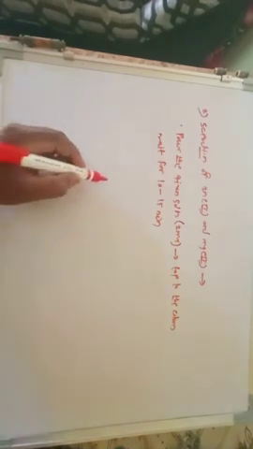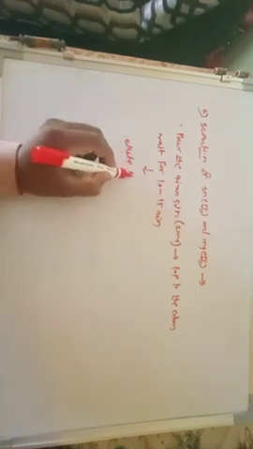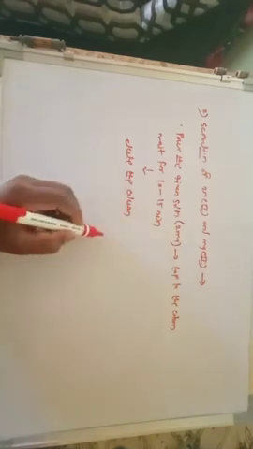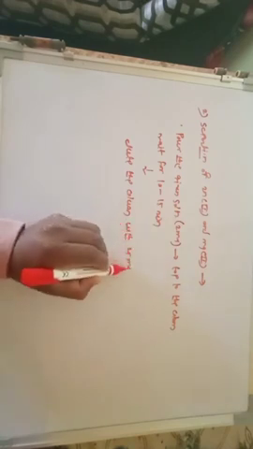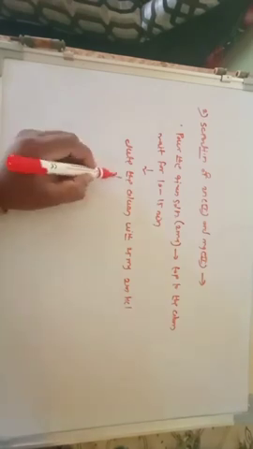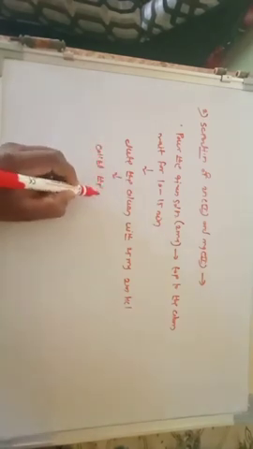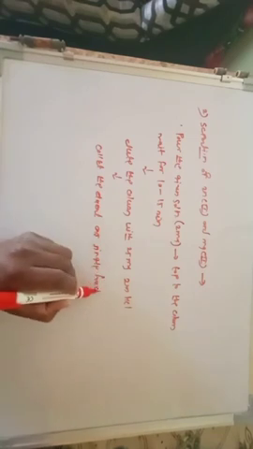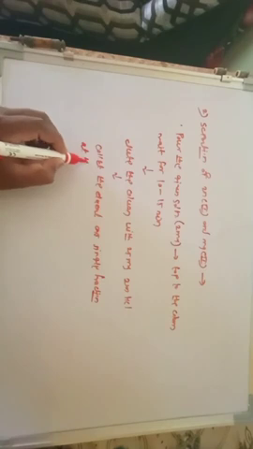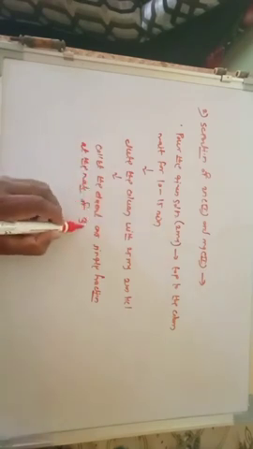Elute the column. First, elute the column with 25 ml of 2 molar hydrochloric acid solution and collect the eluent as a single fraction at the rate of 3 ml per minute.